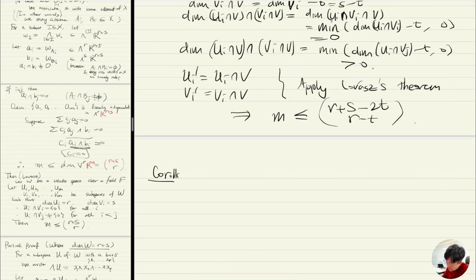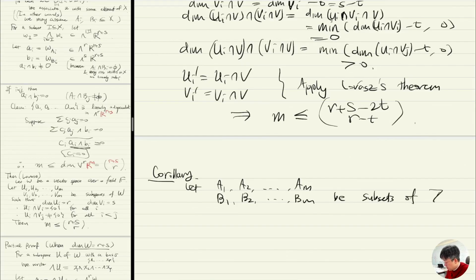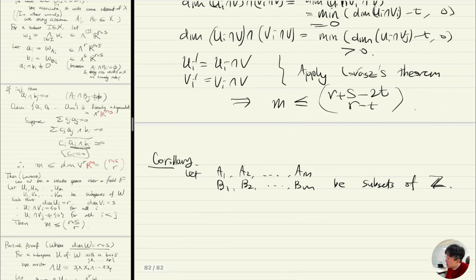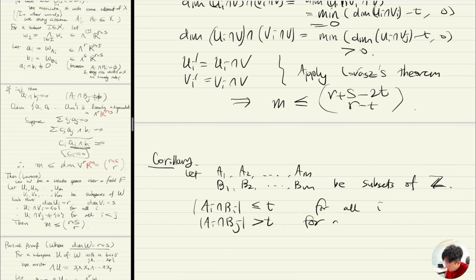Now here's a corollary. So here, let's say you have sets A1 up to Am and B1 up to Bm, subsets of, whatever, let's say integers, such that Ai intersection Bi has size at most t for all i, and Ai intersection Bj has size bigger than t for all i less than j.